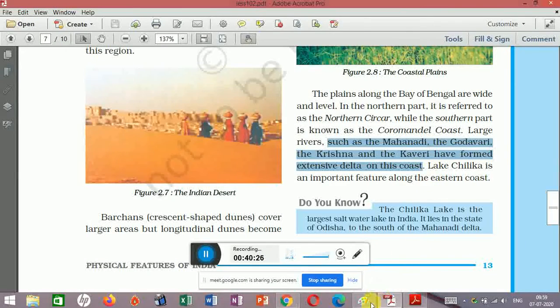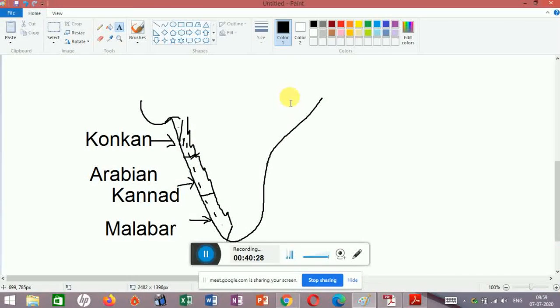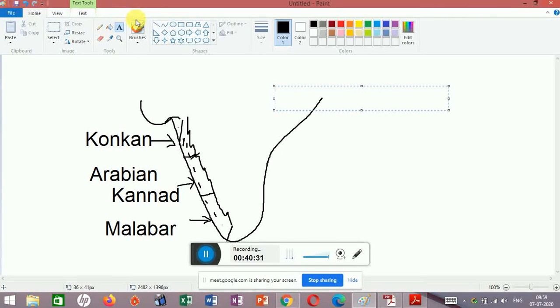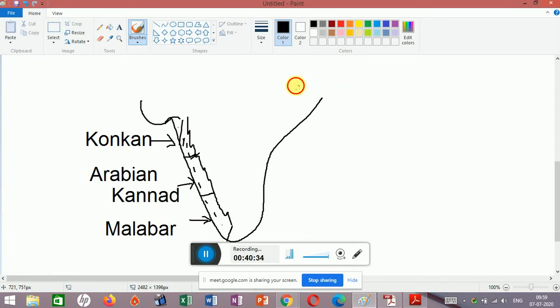Now let us see. Here lies the Eastern Ghats, and the Eastern Coastal Plain is wider. Comparing with the Western Coastal Plain, it is wider, and it is level land also. So this is the Eastern Coastal Plain, and it is divided into 2 sections.